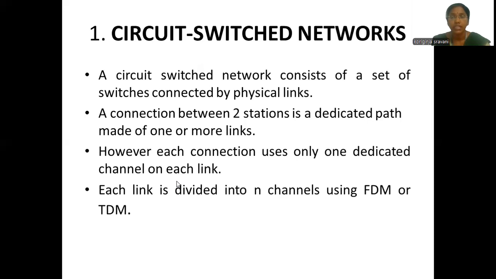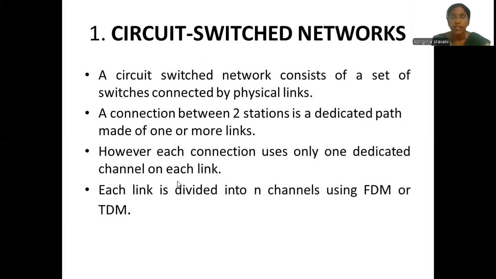Before sending any data, we need to establish a path from source to destination. After the source sends a request to the destination, the destination sends an acknowledgement to the source. After getting the acknowledgement, the source sends the data.